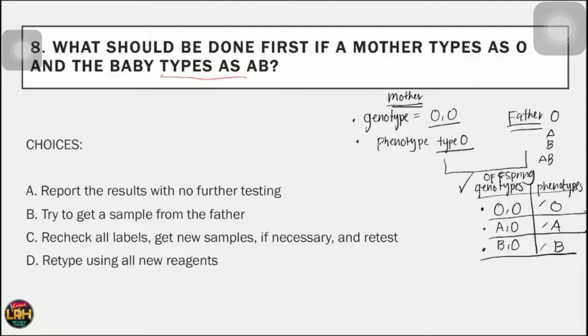So, in this case, several troubleshooting steps should include rechecking the labels, getting new samples, and retesting the samples in order to identify whether it is a clerical error or a rare instance where this infant is really AB, born from an O mother.